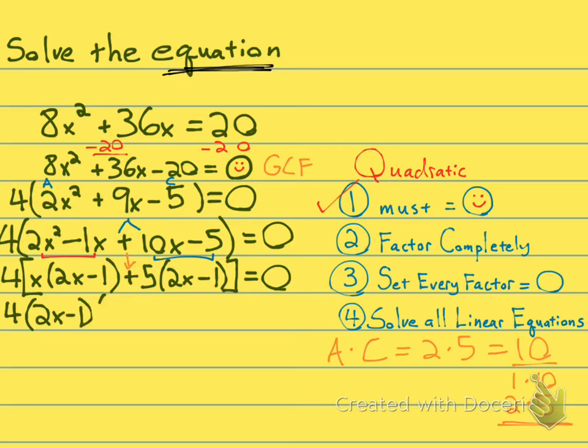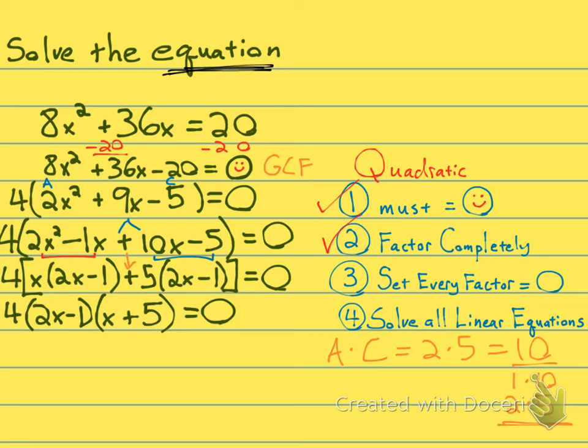When I take out the 2x minus 1, if I divide it out here and here, what would I be left with? x plus 5. So that's what goes here. Drop down the equals 0. Now, it is factored completely. Step 2 in solving a quadratic equation is done.